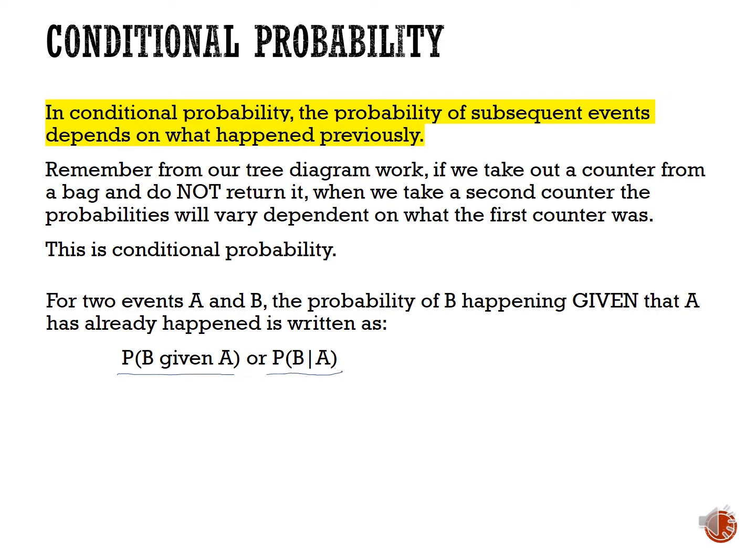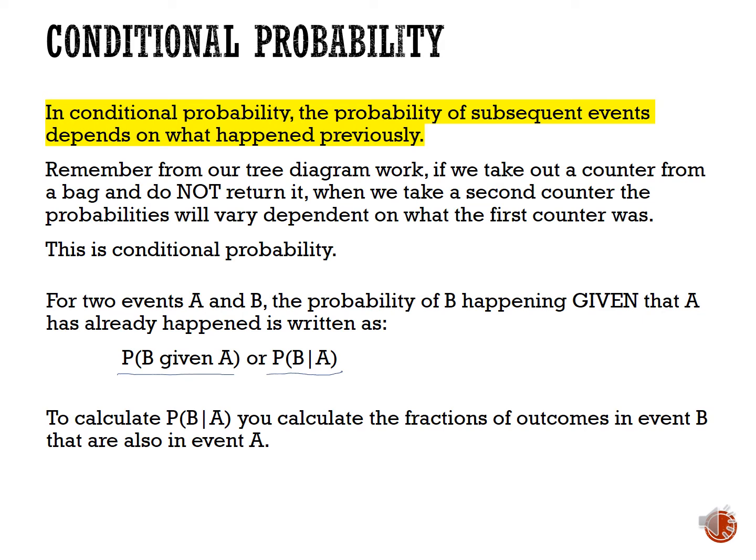You would read that as the probability of B given A. So that's the probability of event B happening given that event A has already happened. Back to our tree diagram, it might be, what's the probability of picking a red counter given that the first counter I picked was also red, something like that.